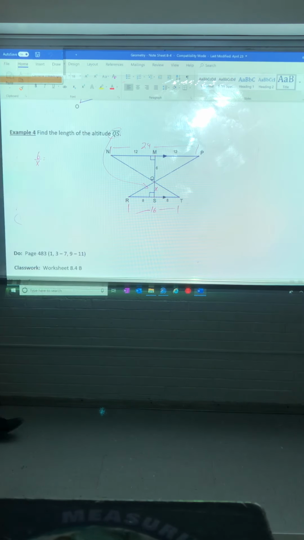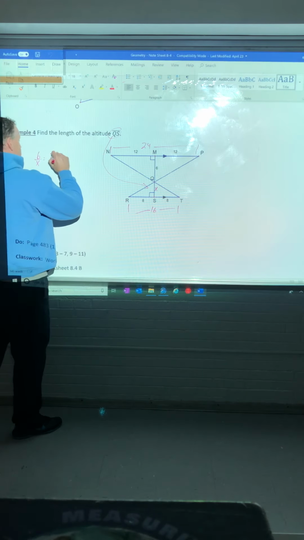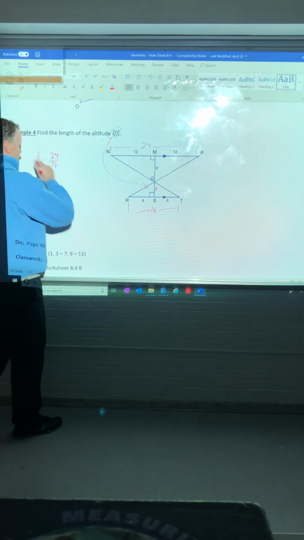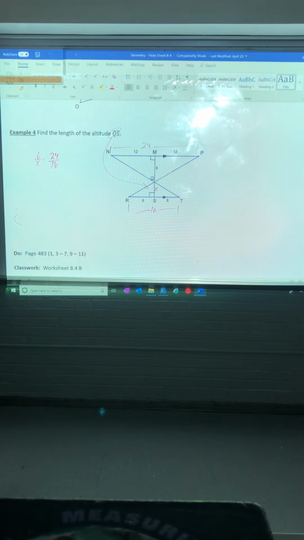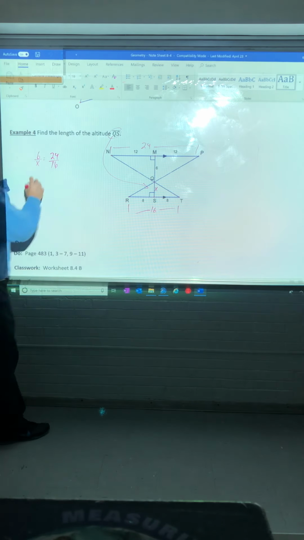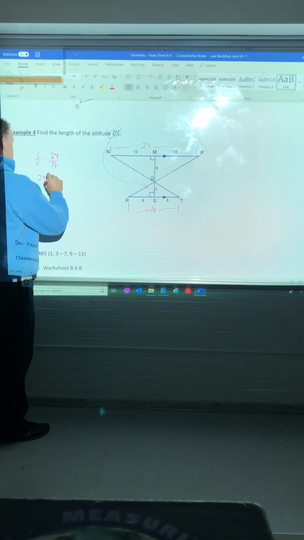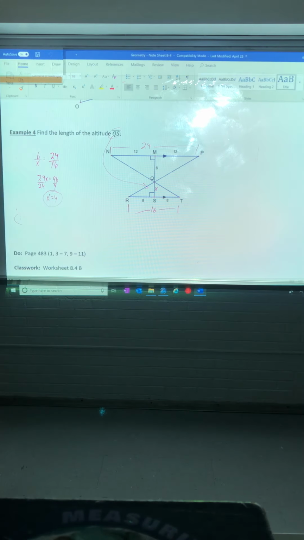So 6 over x is going to equal 24 over 16. When you do the cross multiplication, we cross multiply, and then we divide through by the 24, and we're going to get x equal to 4 right here. And that's it. Similar triangles.